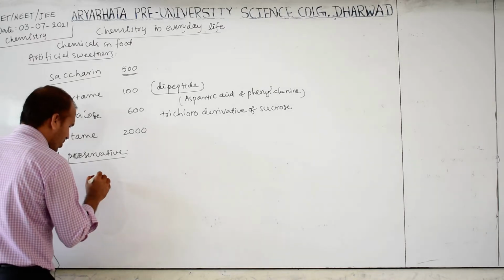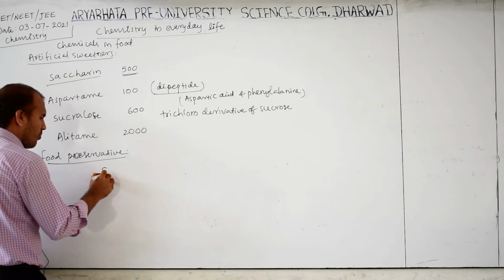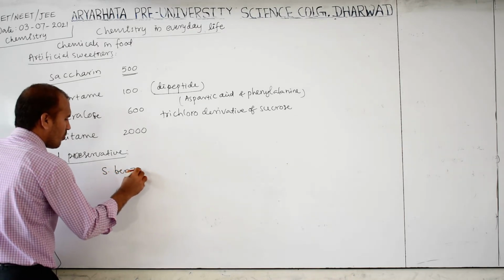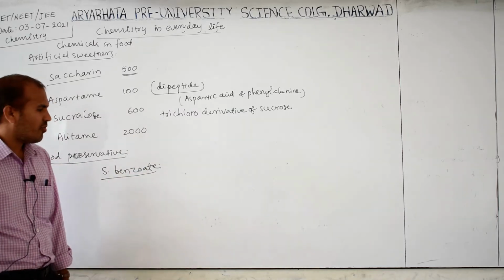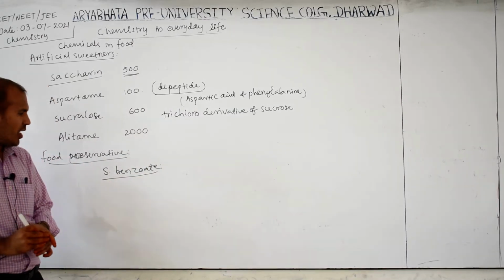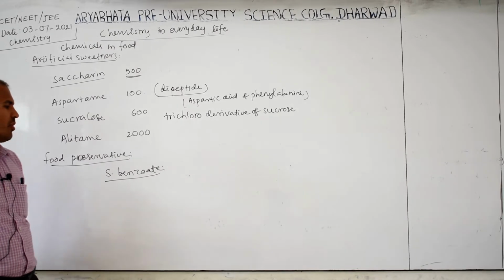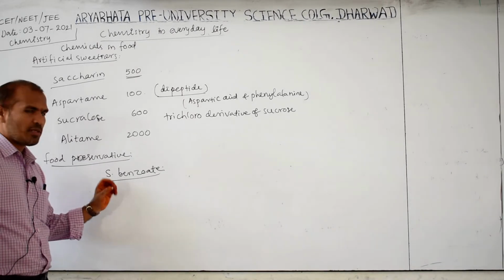And next, sodium benzoate. This is one of the chemical substances. Sodium benzoate is one of the important food preservatives which is widely used, for all food preservative purposes.